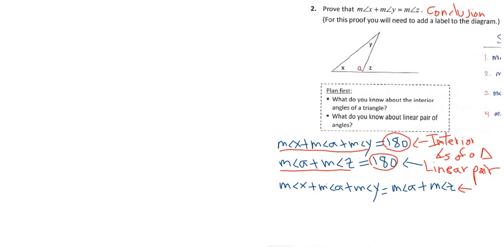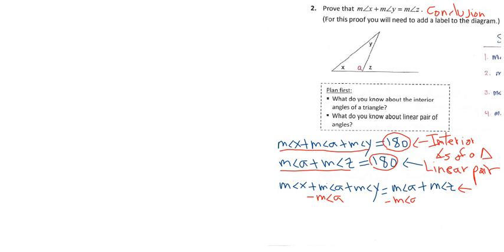And now we can see here in this equation that we have measure of angle A repeated on both sides of the equation. So if I get rid of this measure of angle A on both sides, we would have exactly what we want, which is that the measure of angle X plus the measure of angle Y is equal to the measure of angle Z. So we're going to do that again. We're going to subtract measure of angle A on both sides.